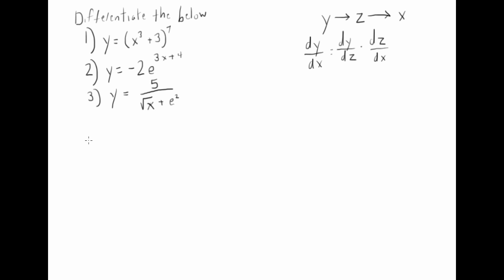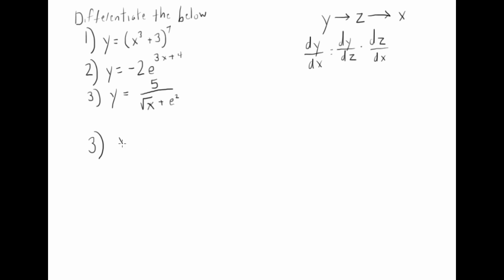Let's do number 3. Now, I'm going to do something before I take the derivative here. I'm going to rewrite this. I know that we could use the quotient rule in this, but the fact is we don't have to, and in fact it would take more work to do the quotient rule. The reason why we don't have to use the quotient rule is because we don't have a variable up here.